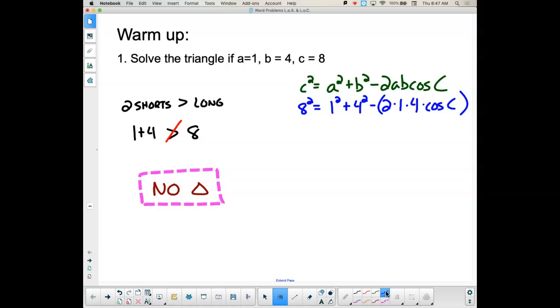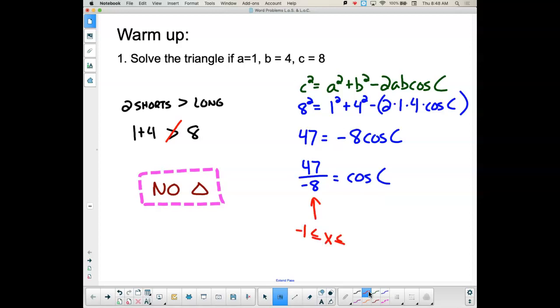So 8 squared is 64, minus 1 is 63, minus 16 is 47, equals 2 times 1 times 4 is 8, so negative 8 cosine of C. Then I would have gotten 47 over negative 8 equals the cosine of C. And this value is not between 1 and negative 1.